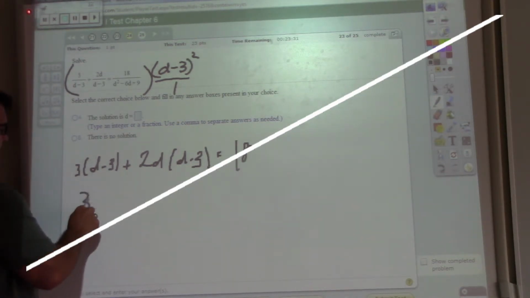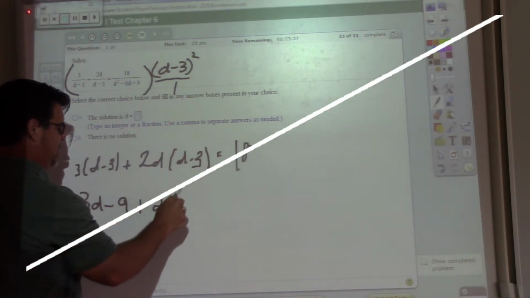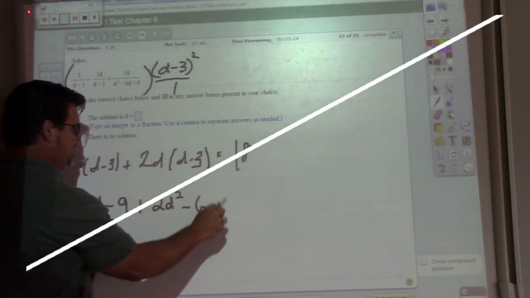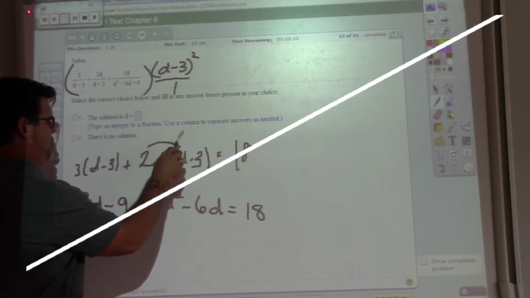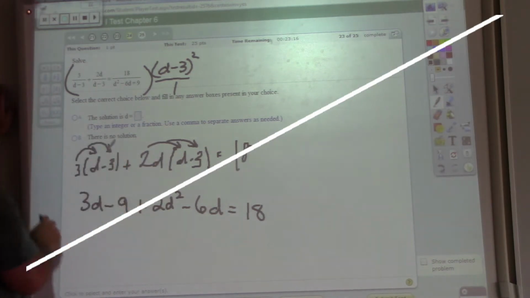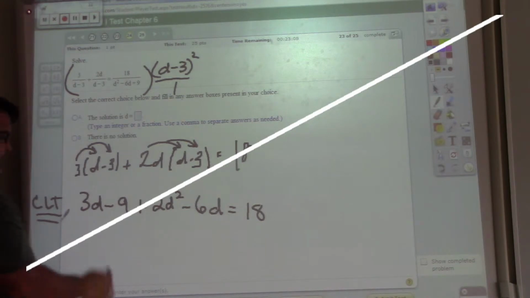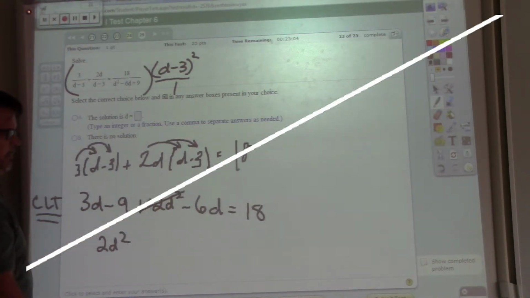So 3d minus 9 plus 2d squared minus 6d is equal to 18. And usually after you distribute, what's the next thing that's usually done? Combine like terms. So 2d squared comes down here. What's 3d minus 6d?